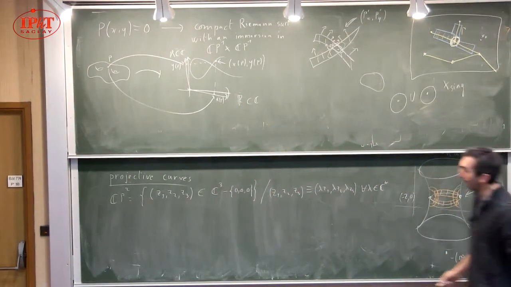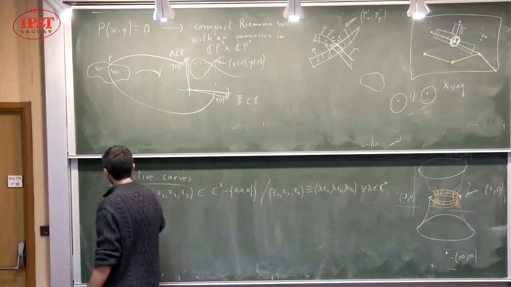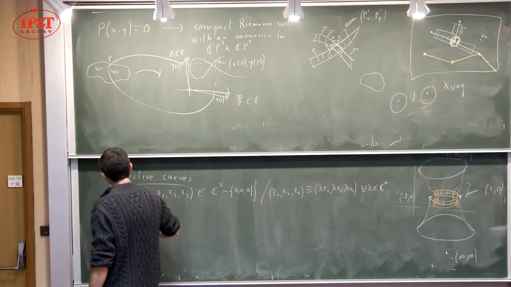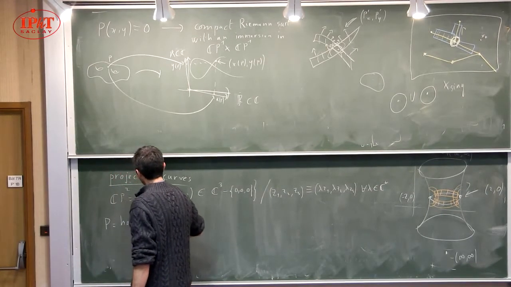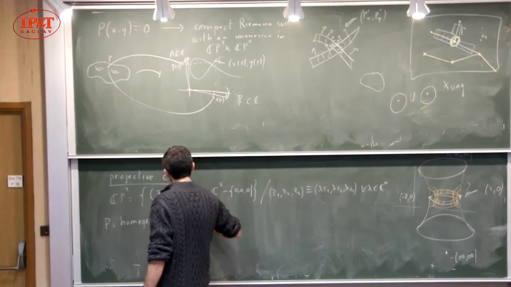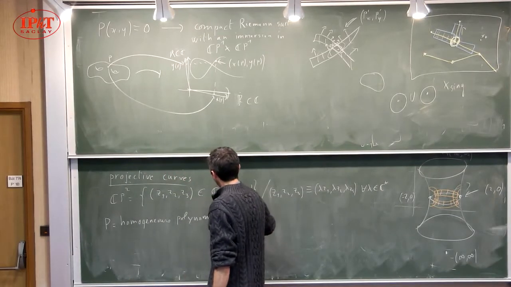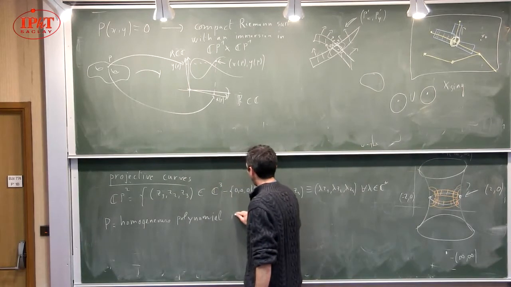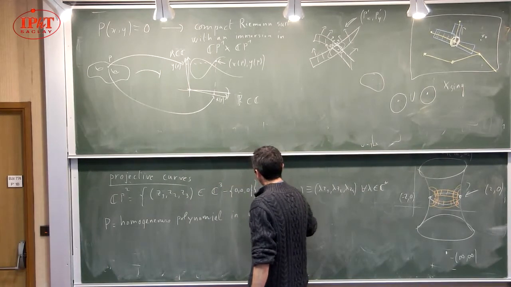Okay. Now take P a homogeneous polynomial in C of Z1, Z2, Z3.